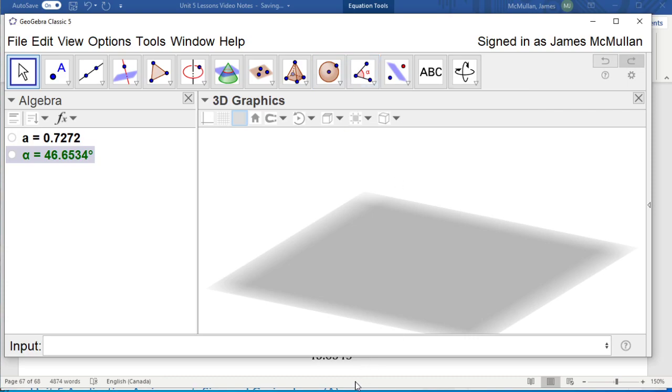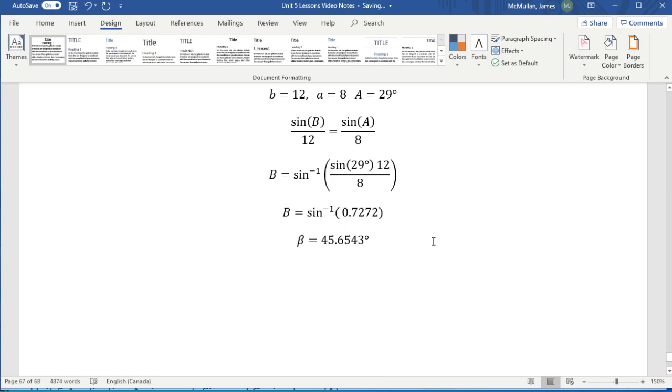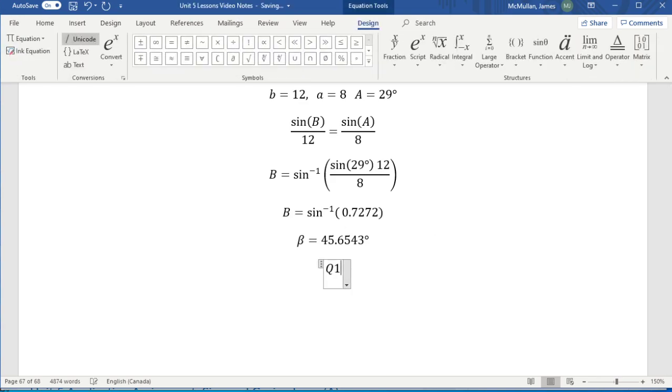Now, remember, when you inverse sine a positive number, it's not telling you angle B, it's telling you angle beta. There are two answers from here. There's a quadrant 1 answer, which is nice and easy. In this case, it would be just B equals beta, and therefore angle B is equal to 45.7, rounded up.